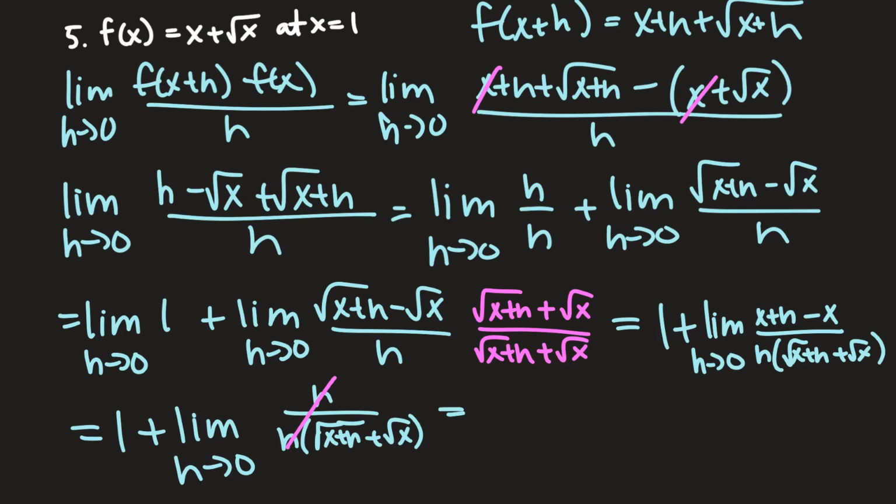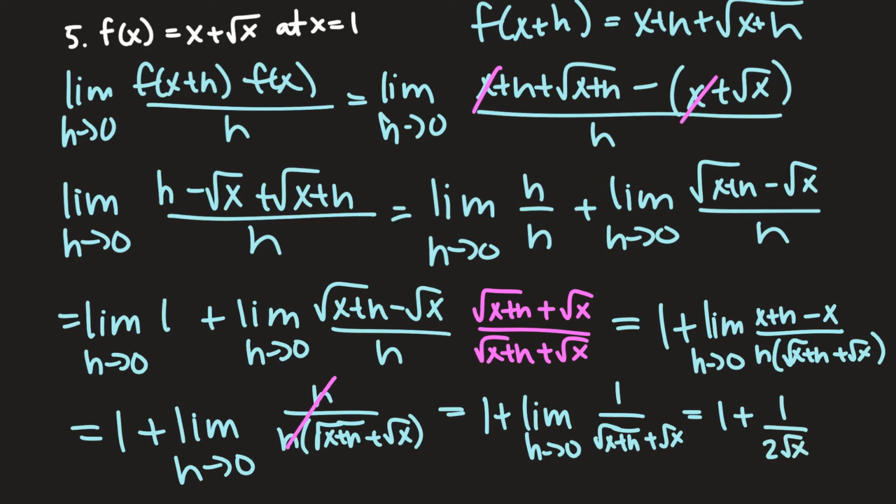And that gives me 1 plus the limit as h approaches 0 of 1 over the square root of x plus h plus the square root of x. So I'm ready to evaluate: 1 plus 1 over 2 square root of x. So this is f prime.